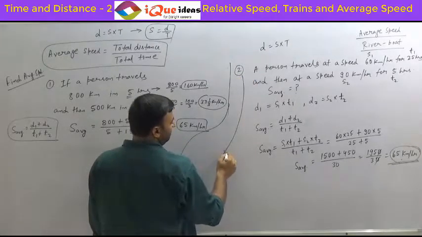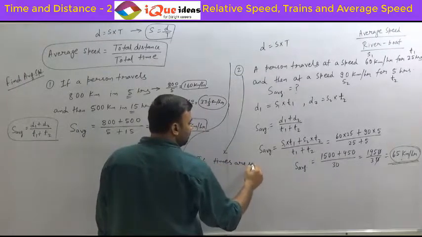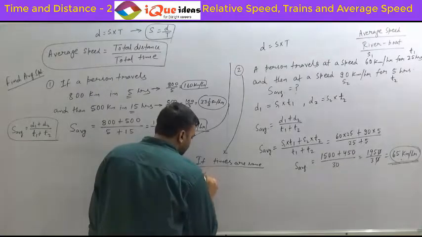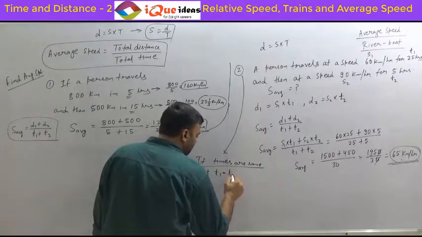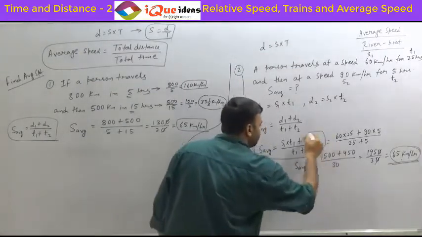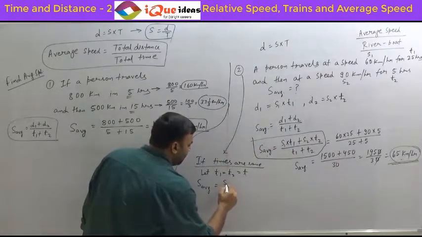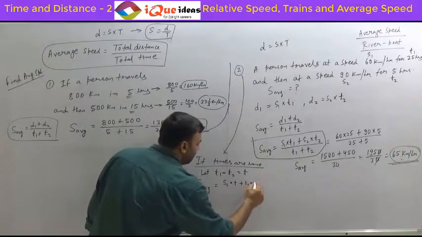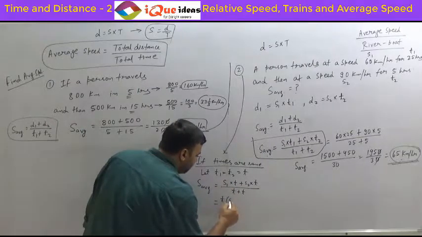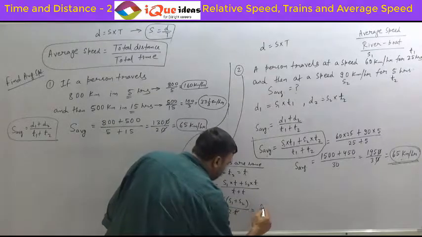A sub case of this situation: if times are the same, let T1 equal T2 equal T. Then this average speed expression becomes S1 into T plus S2 into T divided by T plus T. So T is common in the numerator, S1 plus S2, and we have 2T in the denominator. T gets cancelled and we get S1 plus S2 by 2.